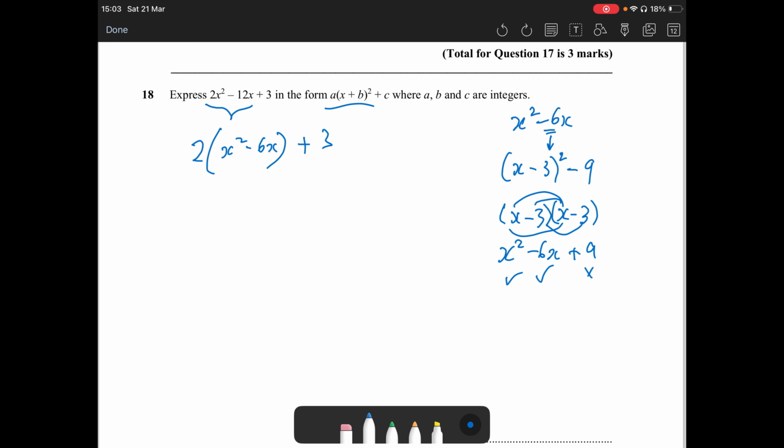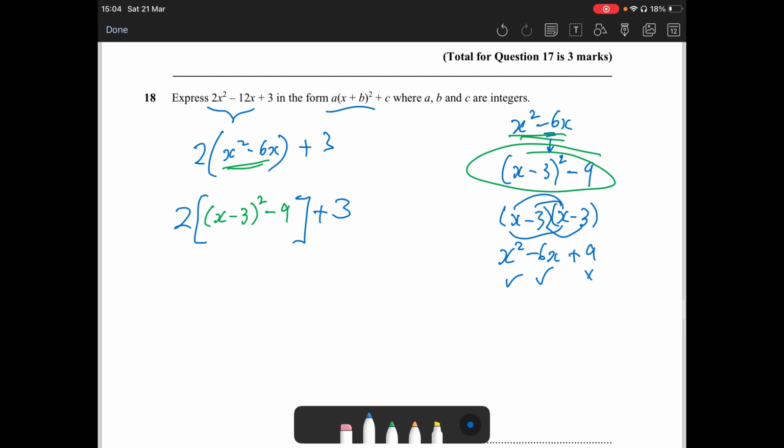So, in my bracket, all of this bit is the same as writing this. So, 2 bracket, let's be careful here, x minus 3 squared minus 9 plus your 3 at the end.